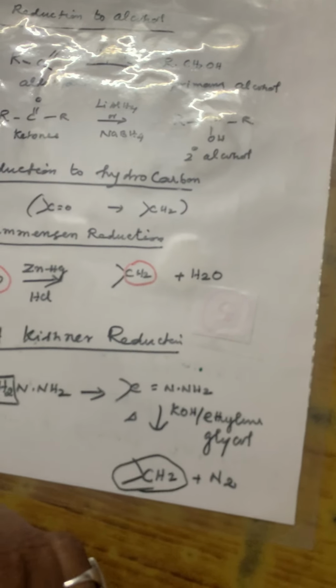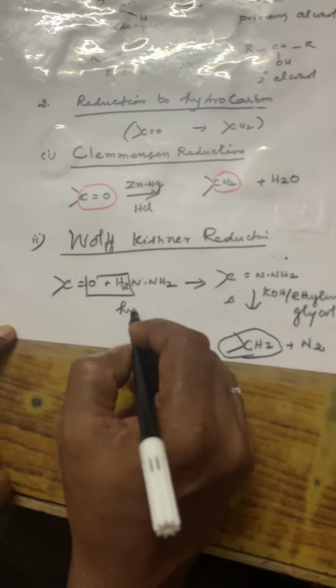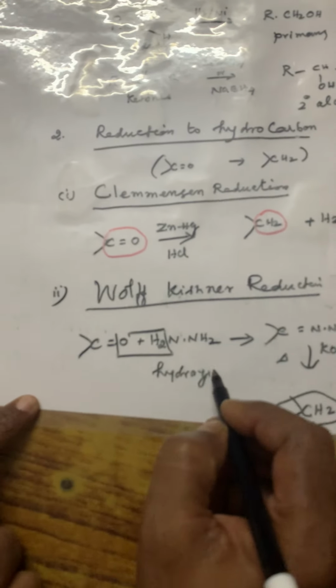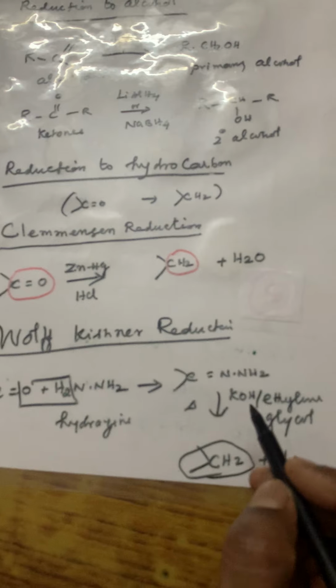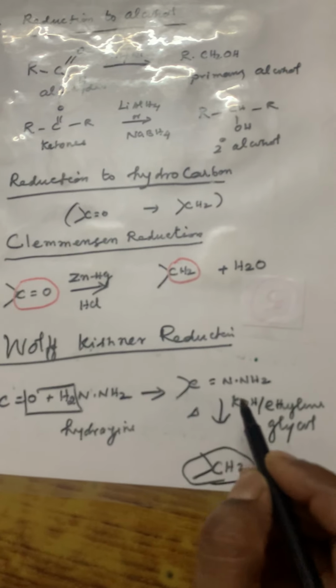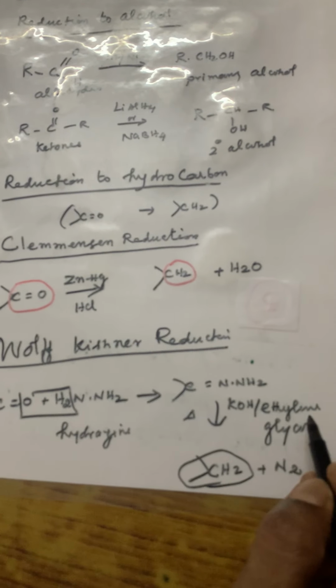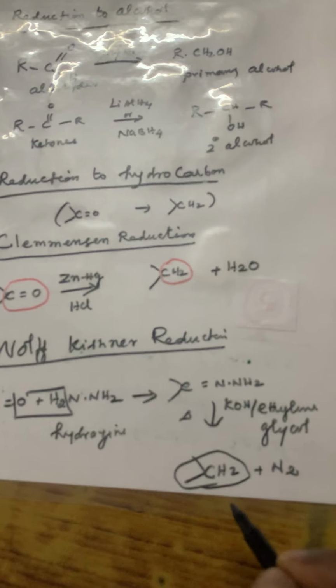Here first the aldehyde or ketone reacts with hydrazine and gives this hydrazone, which on further reduction in presence of KOH with ethylene glycol gives a hydrocarbon.